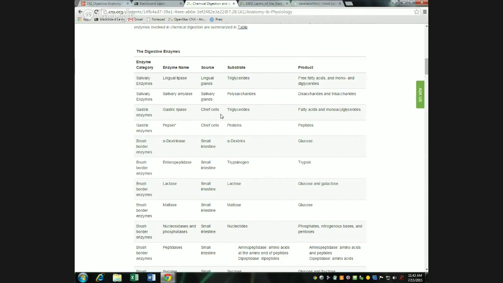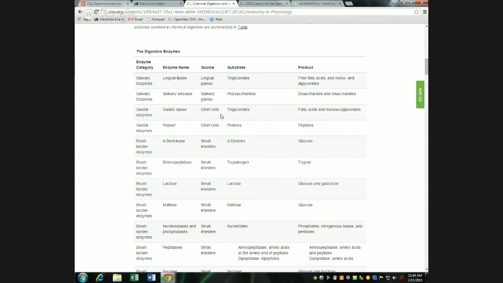Now, when I talk about nutrient molecules, I'm basically talking about 3 of the 4 types of macromolecules. We have carbohydrates, lipids, and proteins. Eventually, the carbohydrates are going to be broken down into simple sugars, what we call monosaccharides. Lipids are going to be broken down into fatty acids, if that's possible.